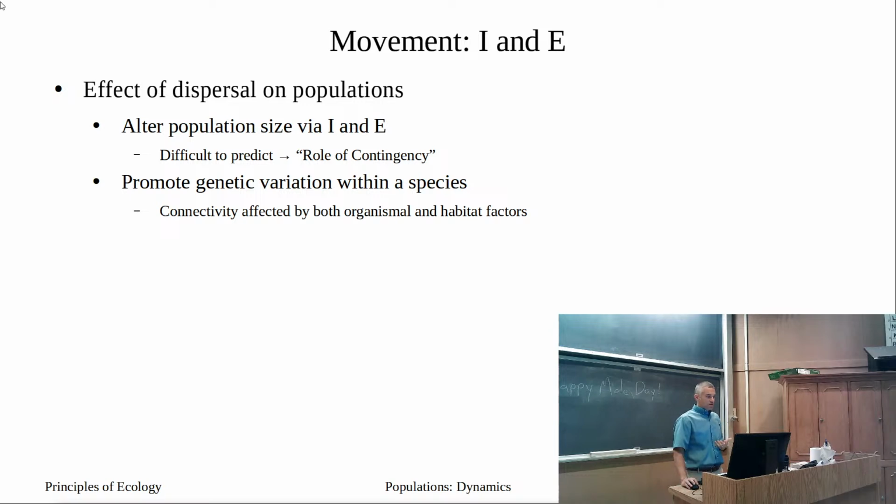Dispersal movement also affects our immigration and emigration numbers, so it affects our population size. Now, predicting our change in population size is going to be difficult because it's hard to predict when individuals will migrate. You go to a population and you expect, hey, this is a high quality, big habitat, we shouldn't see a whole lot of movement away from it, yet it does.